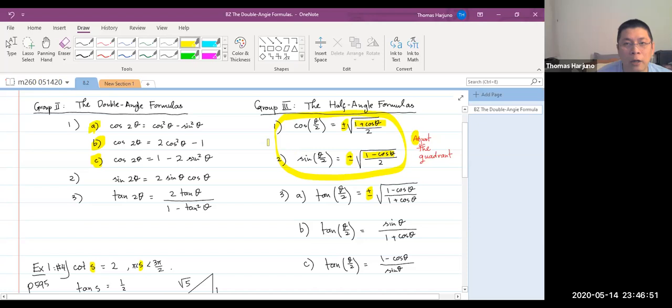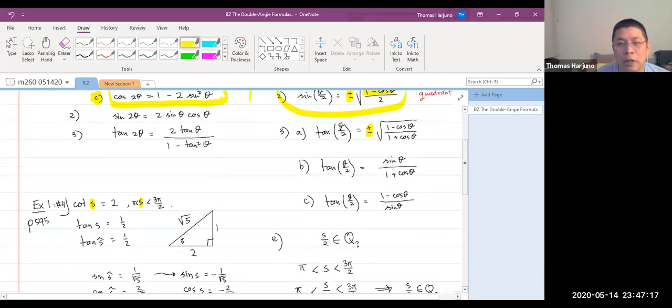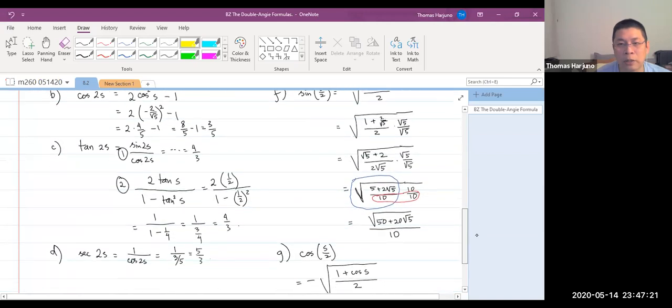These two formulas come from these two. That's how we derive it: from the double angle formula you get the half angle formula, and there's something being done in between. I explained that in my trigonometry class lecture video. I will not repeat that here.